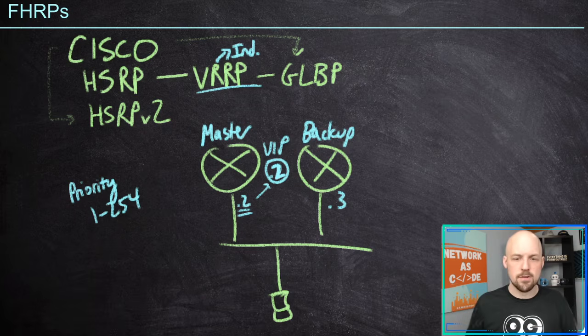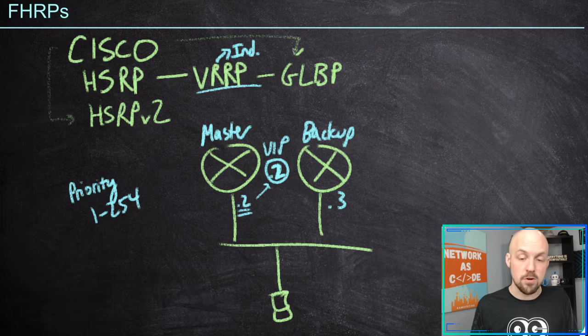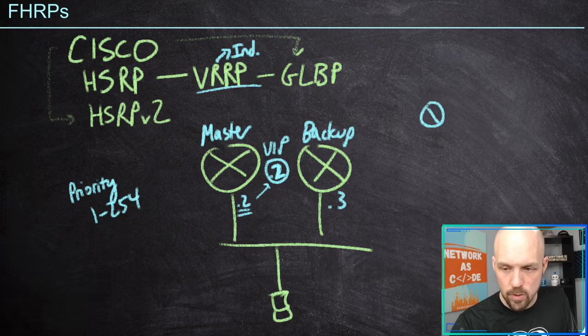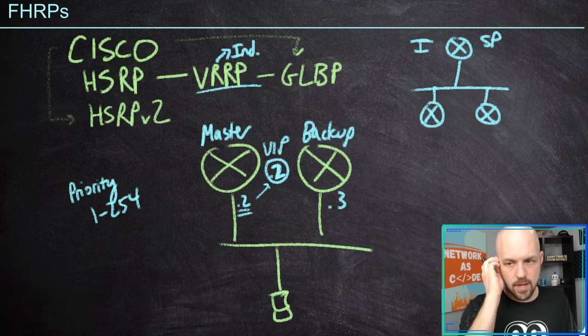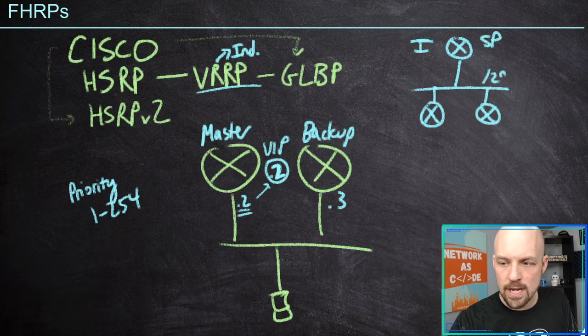Not usually very important. This can be really important when you have a situation like this, where I have 2 routers attached to a service provider router, maybe an internet router, and this is a /29.